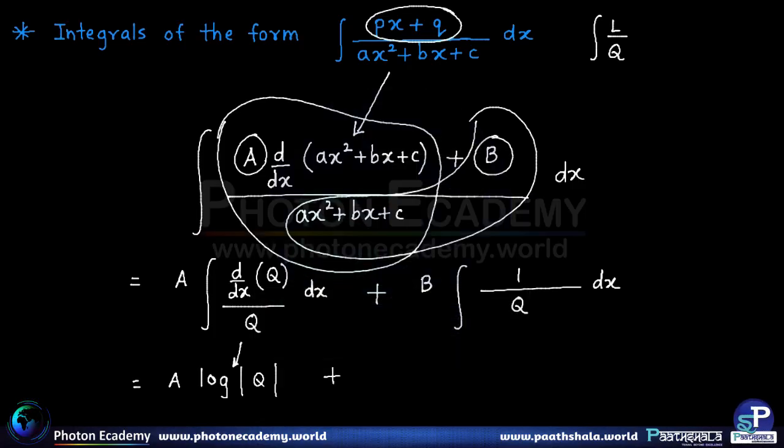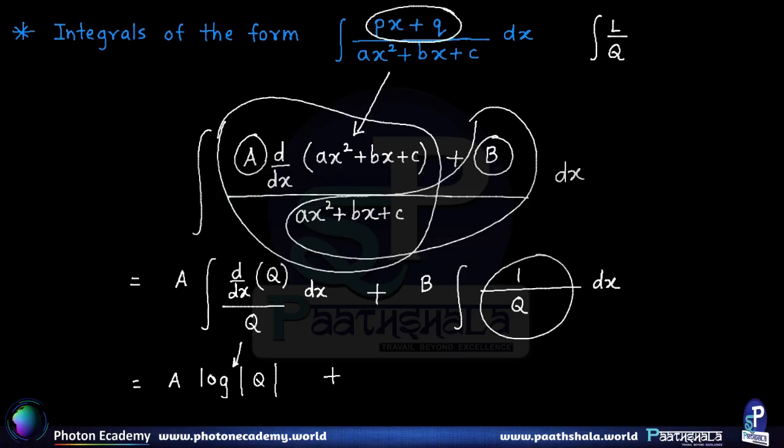And here we know how to integrate the function of the form 1 upon quadratic, which we have just seen, and we have to complete the square in the denominator and integrate. So therefore in this form what we have to remember is we have to express the numerator as a into derivative of denominator plus some constant b. Alright, so let us solve one question based on this so that this procedure will be clear.